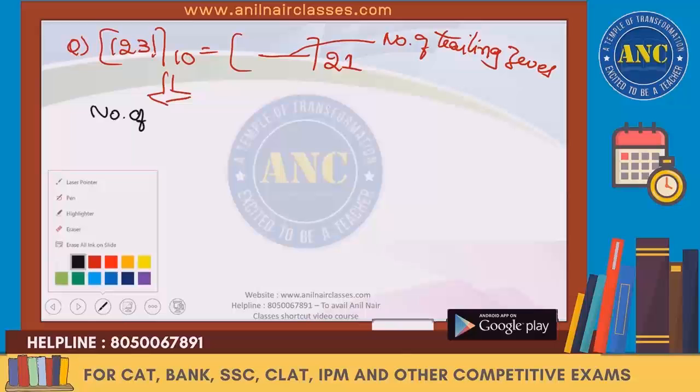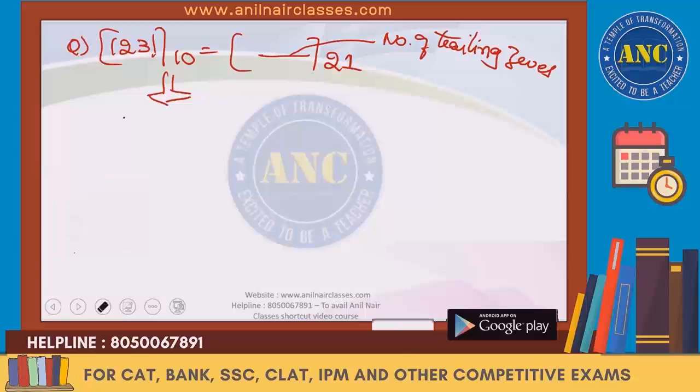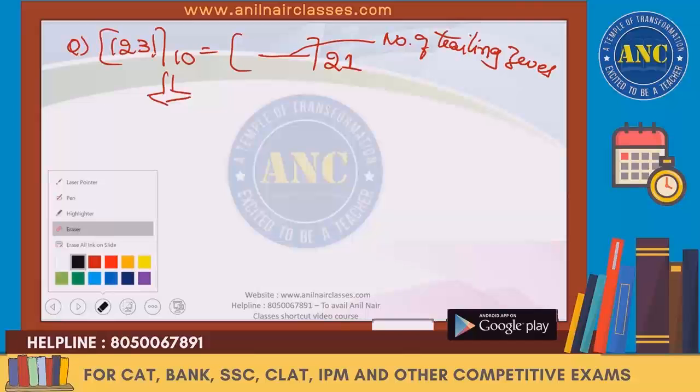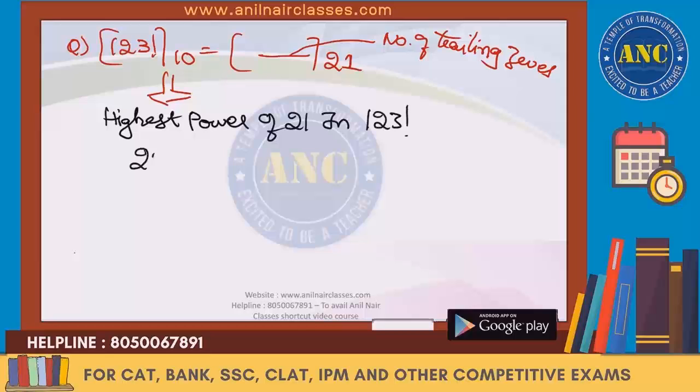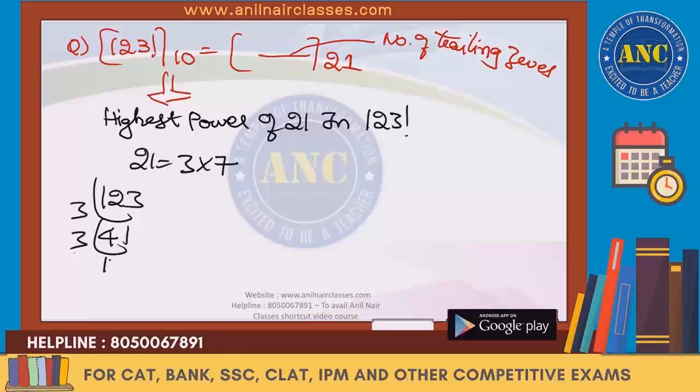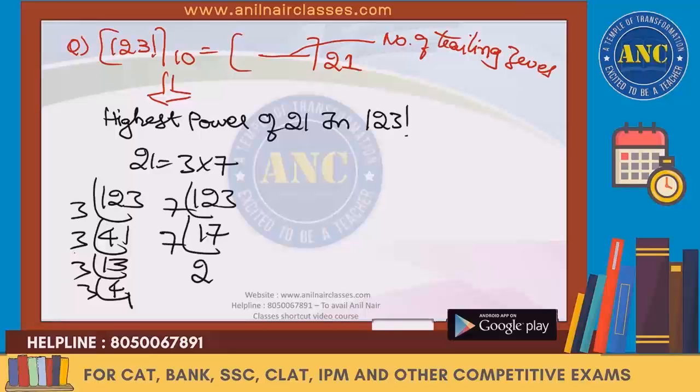The number of zeros at the end for base system k is the highest power of that base. So this is nothing but the highest power of 21 in 123 factorial. 21 is nothing but 3 into 7. So in 123, 3 will be 41, then 13, then 4, and then 1. Similarly for 7, 7 ones are 17, 7 sevens are 2.